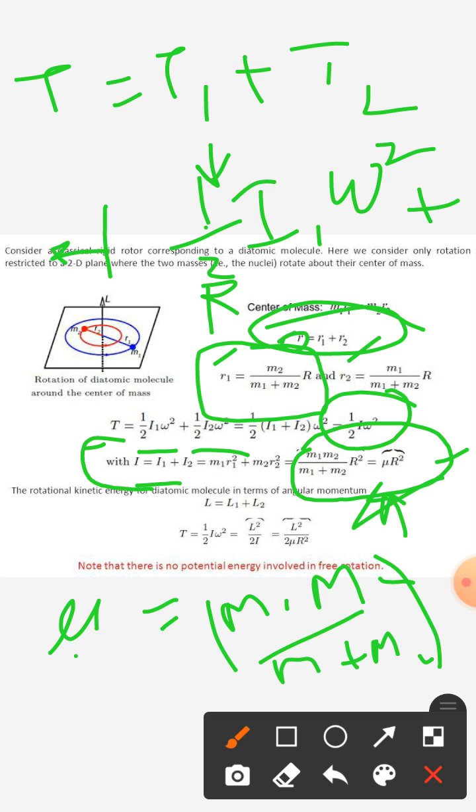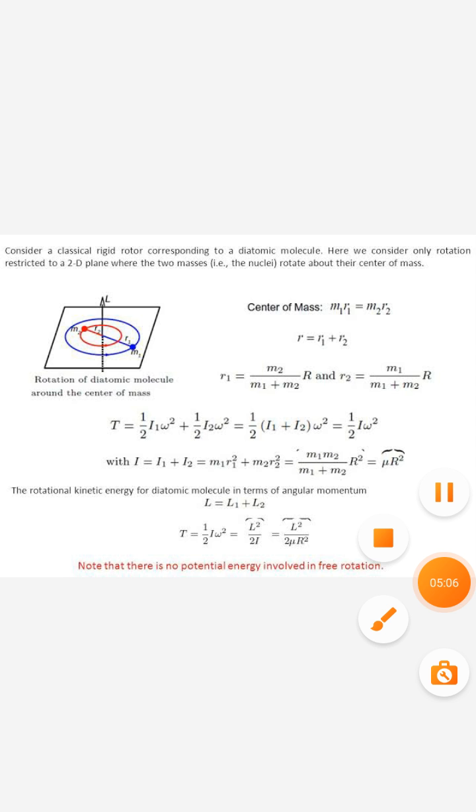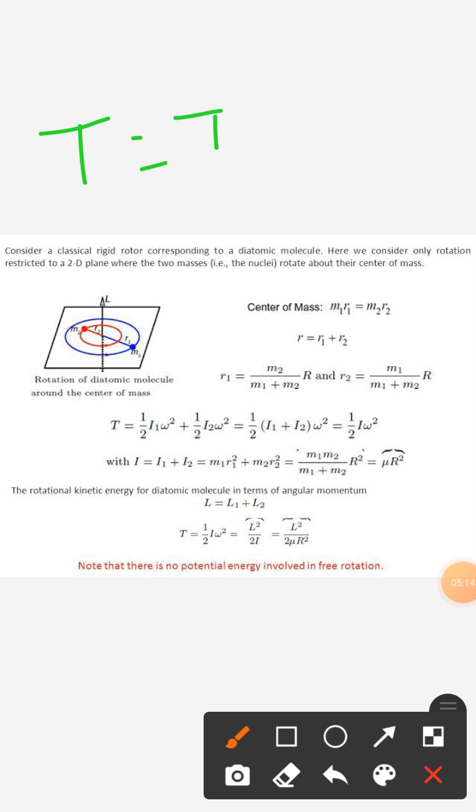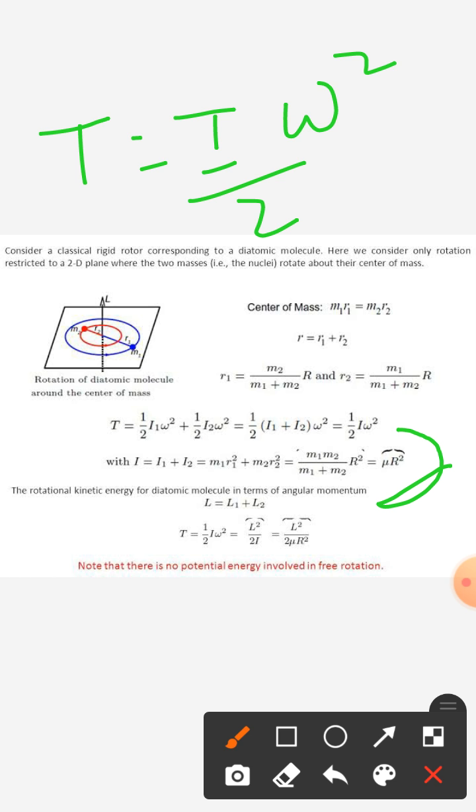So substituting this value, we have the rotational kinetic energy equal to the total kinetic energy, and further it can be written T equals I omega square upon 2, where I has the value we found.